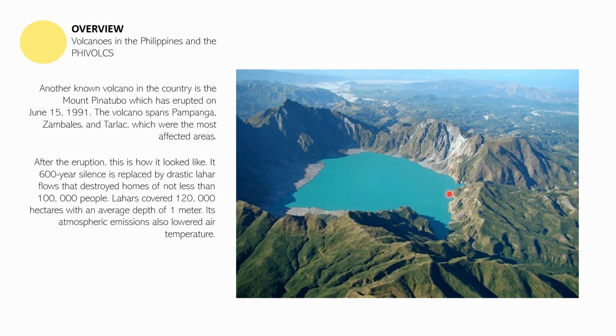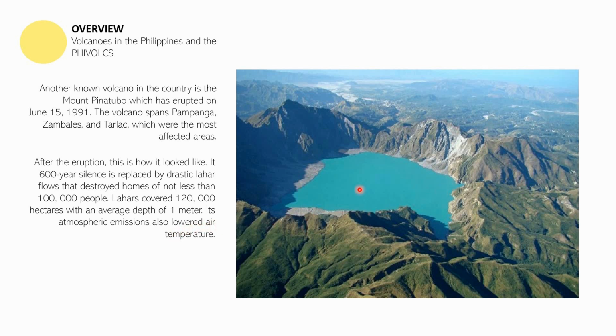and napakakapal na naging ashfall na naglast ng napakaraming panahon din. So lahars covered 120,000 hectares with an average depth of at least 1 meter. Yung ibang mga areas na nagkaroon ng lahar flow, kasing tangkad ng mga kapilya, kasing tangkad ng mga matataas na buildings, or actually minsan mas matatangkad pa sa mga ibang houses yung naging depth ng lahar.